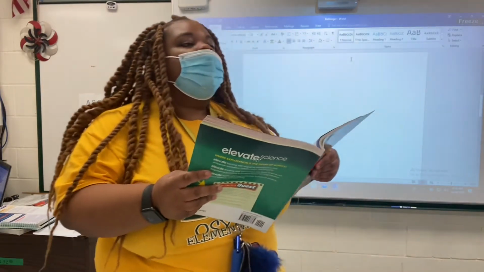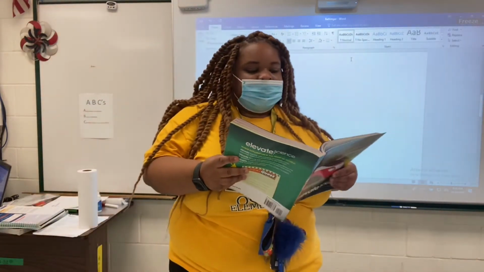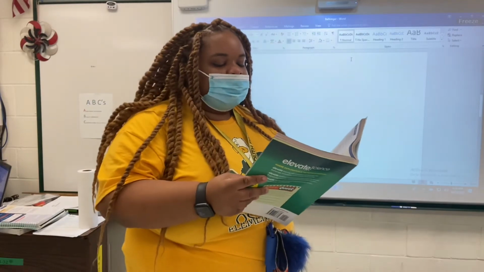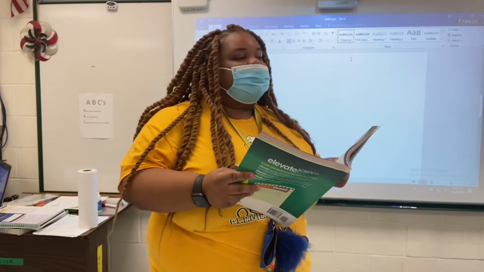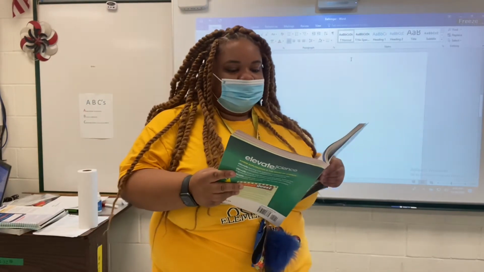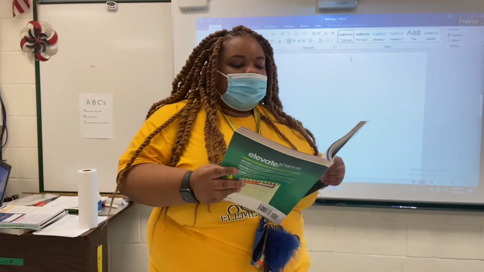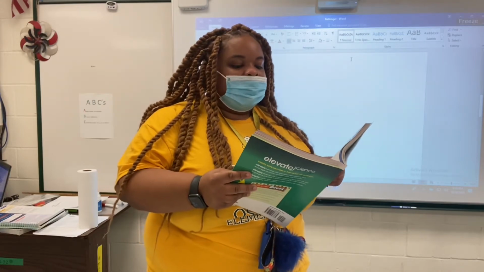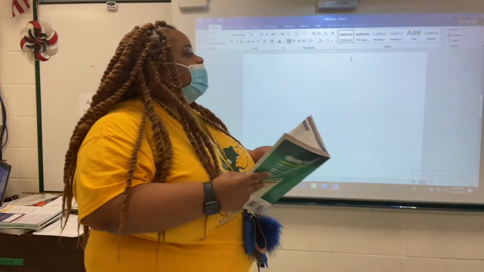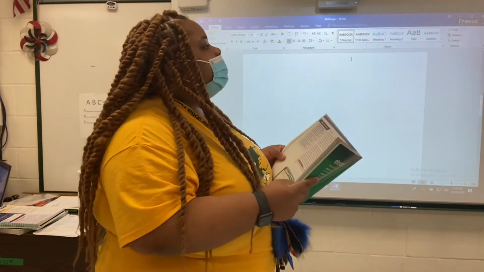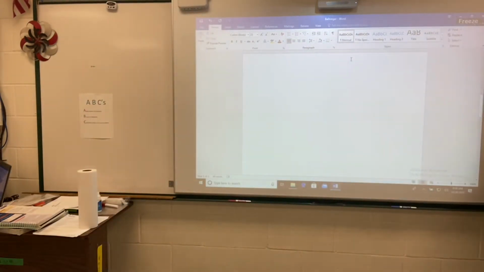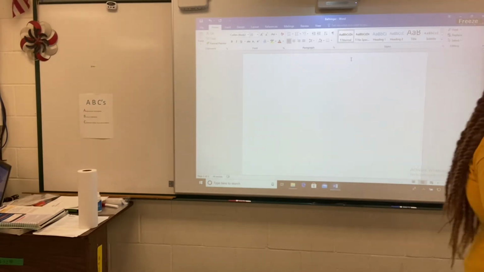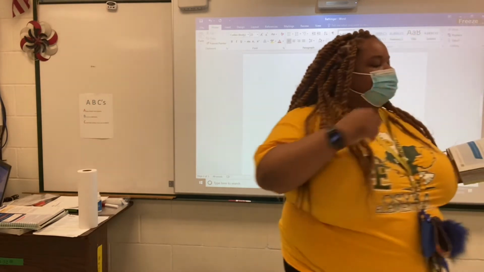You also go ahead and underline, and you should already be doing this, it should come naturally, all your sentences with your vocabulary words in them. So it says the greatest height of a wave from its resting position is called its amplitude. And that's right over here on your word wall. So everybody look to the side and you see an example of amplitude.